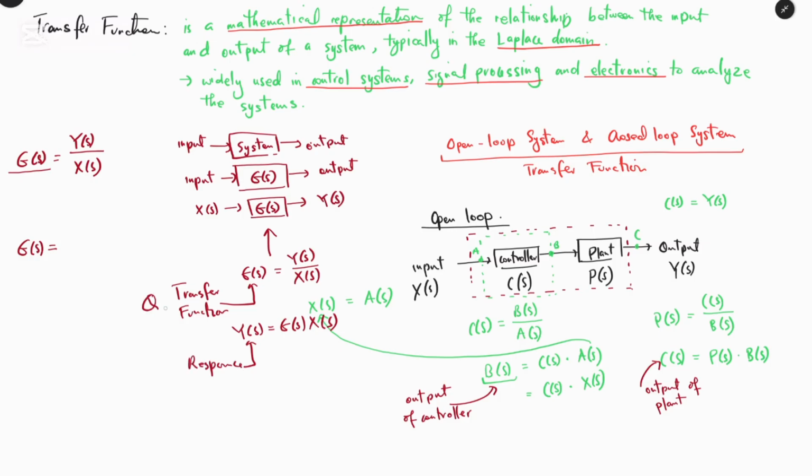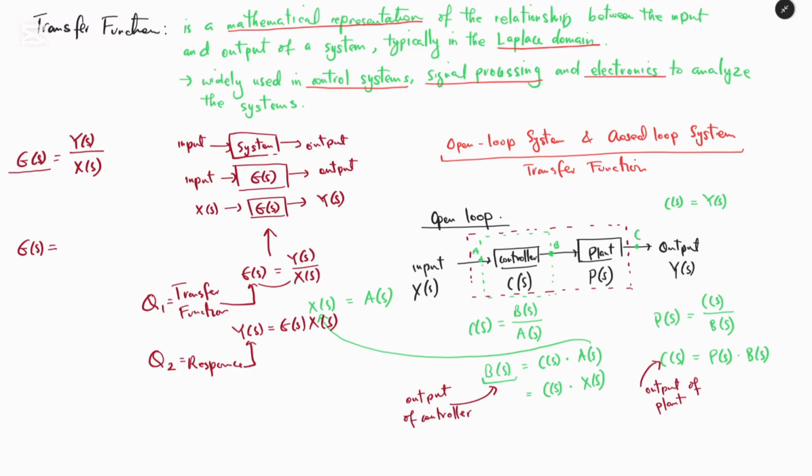If you are given a question to find the transfer function and another question to find the response of the system, you can simply transpose this equation to find the response by looking at the output. And we multiply X of S with G of S to give us Y of S.